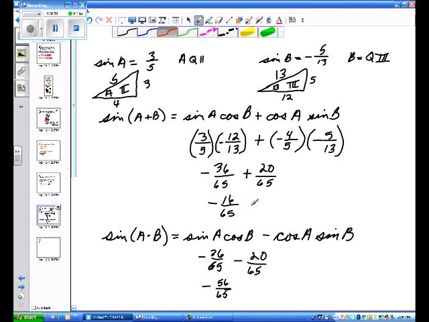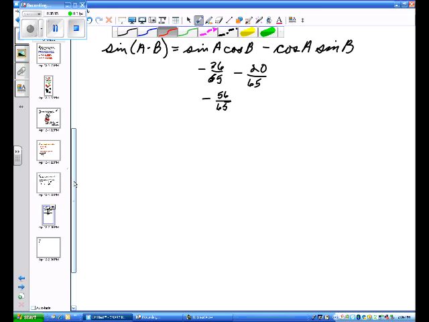And that's, what quadrant are we in? We've got -16/65, and we want to know, well, what quadrant is that in? Because we haven't looked at that.